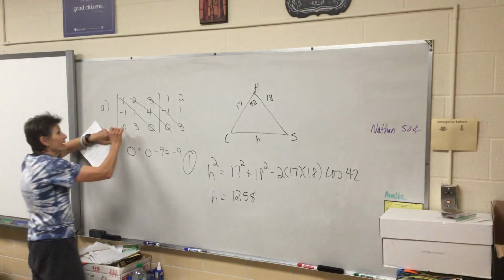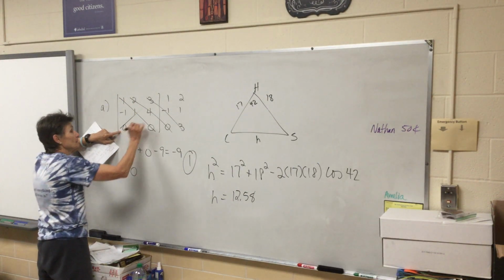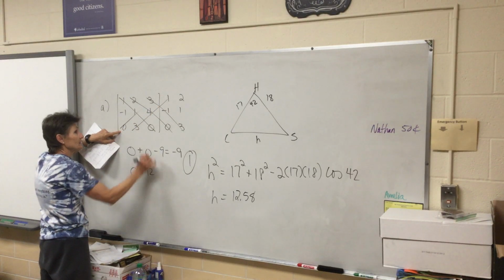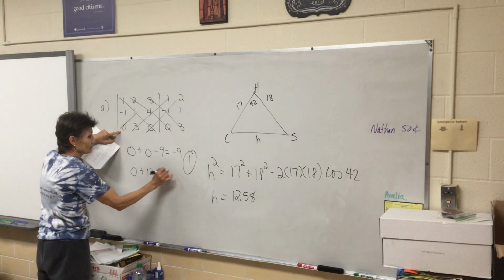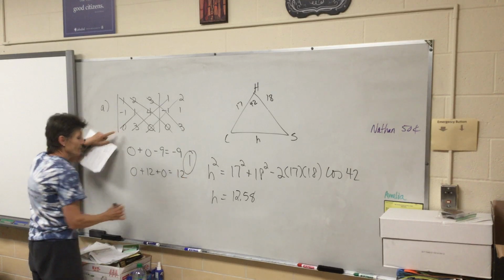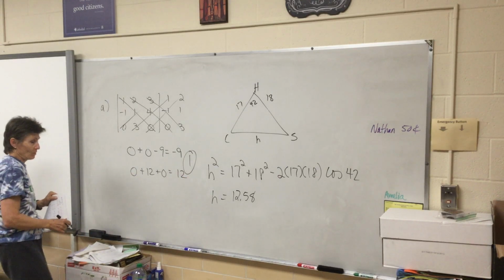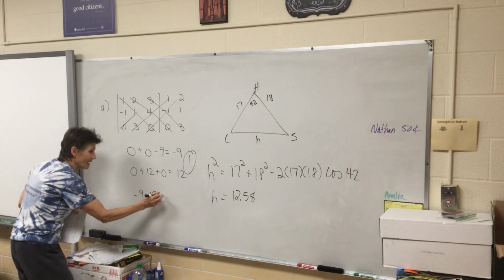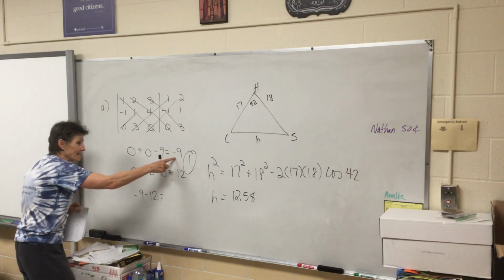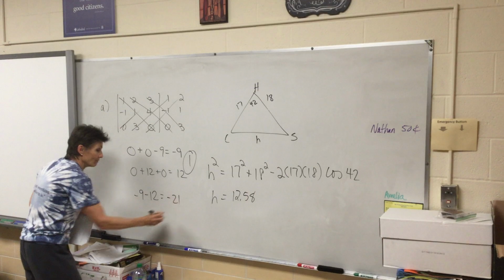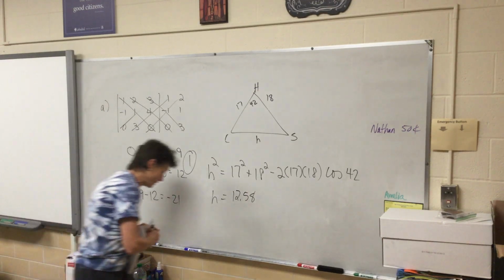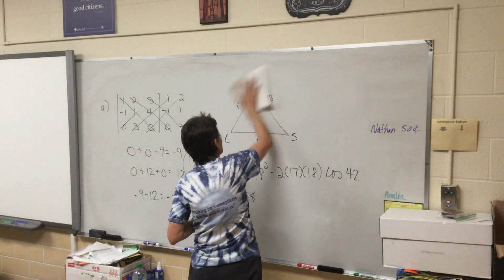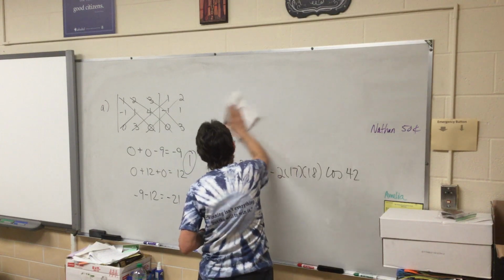Now go the other way. 0, 12, 0. Then remember that you subtract these. So negative 9 minus 12. The value of the determinant is negative 21.